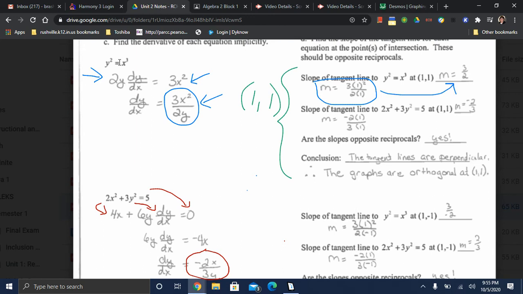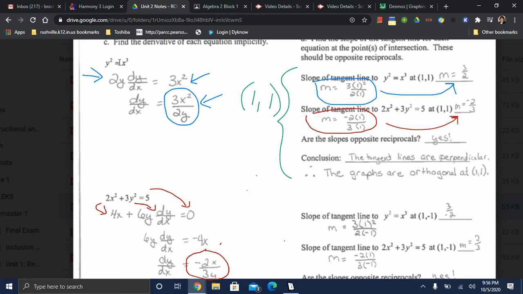And then for my derivative that I found second, this would be the one down here in red, substituting in my 1, 1, I get a slope of negative 2/3. So are those slopes opposite reciprocals? Yes, thank goodness.